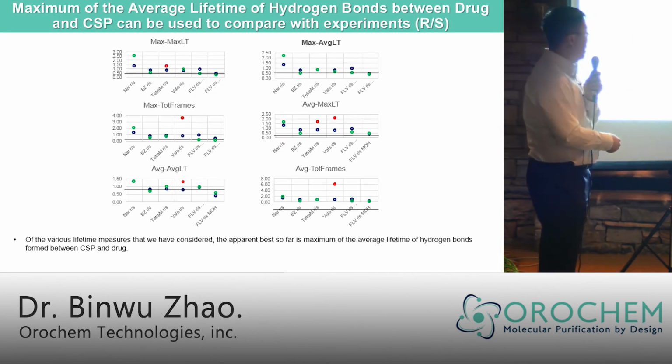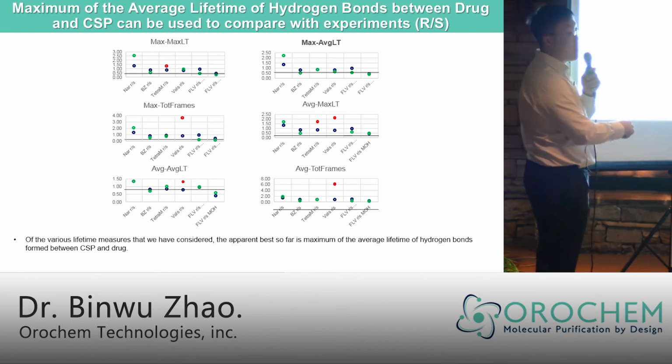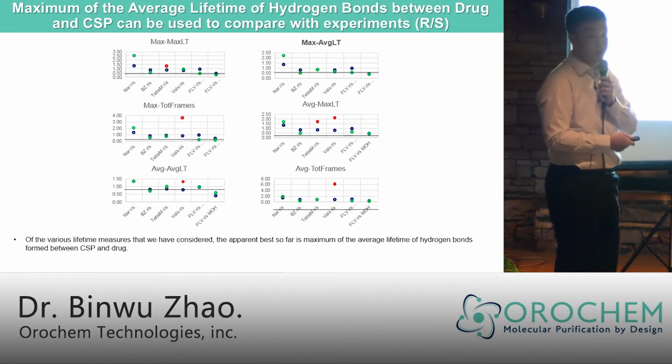And this is another figure showing the maximum of average lifetime has predicted the elution order correctly, because all the outliers of other properties are in this red circle, but only this maximum of average lifetime is predicting correctly on the elution order with a 100% success rate.